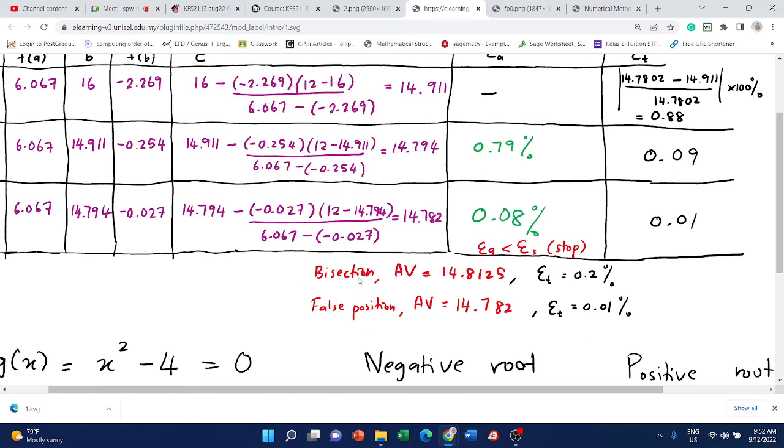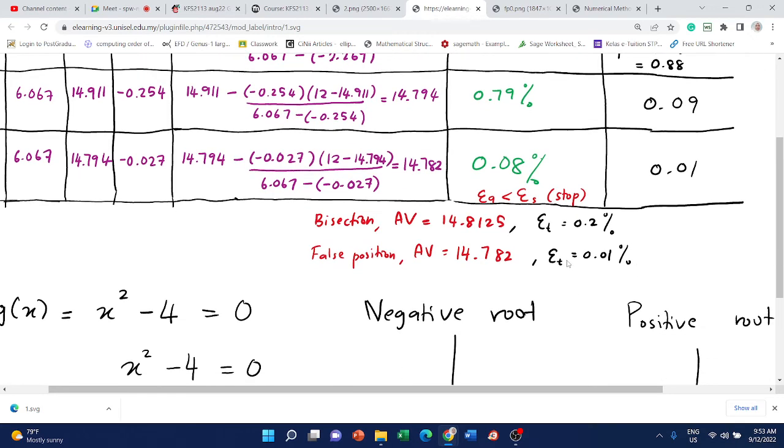So for false position we have 0.01, and in the bisection we have 0.2. Which method will give us better accuracy? The one containing the smaller relative error. A smaller relative error means the method is better, because the difference between the approximation value and the true value is very small.